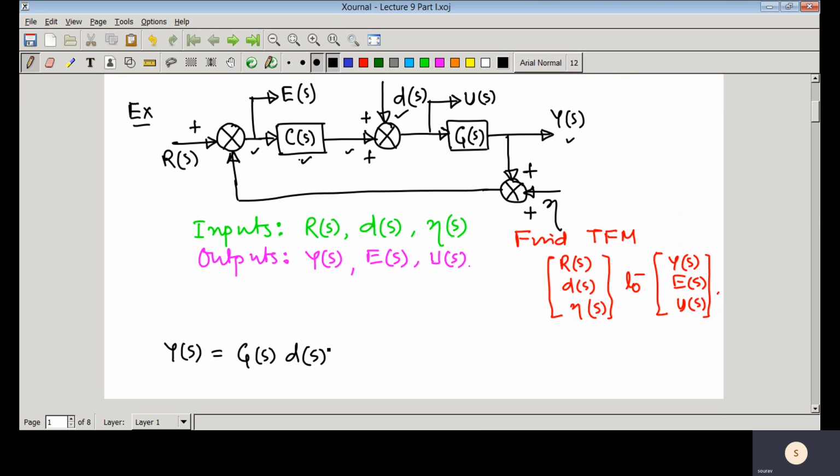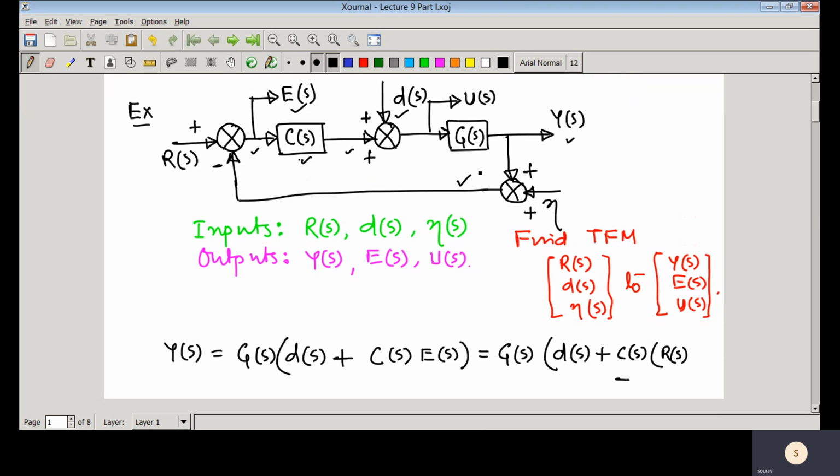So that means G(s) plus C(s) into E(s). Now here you can see that D(s), C(s), and what is E(s)? E(s) is R(s), then negative feedback, so minus. What is the signal here? The signal is eta(s), this signal is entering, minus Y(s).